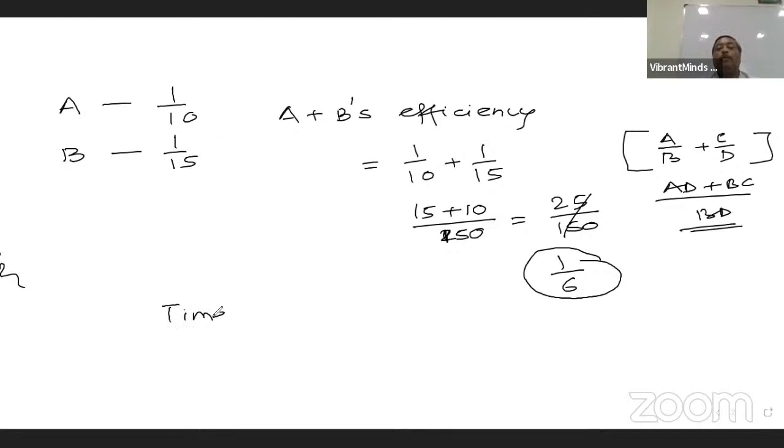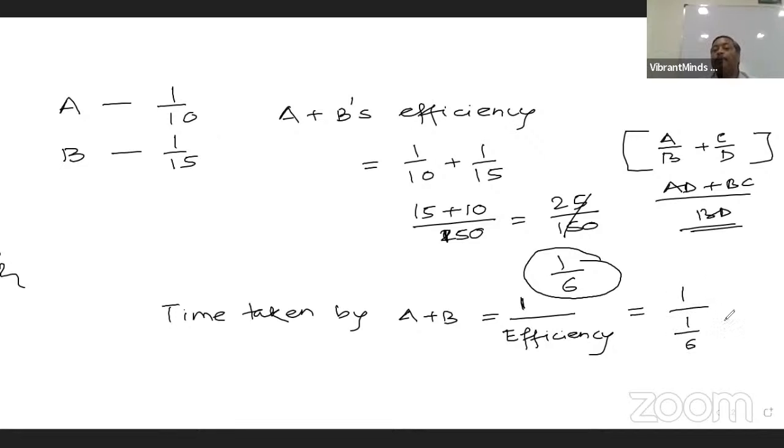So now the time taken by A and B is always the inverse of efficiency. That is 1 by efficiency, which is 1 by 1 by 6, and that will be 6 days.